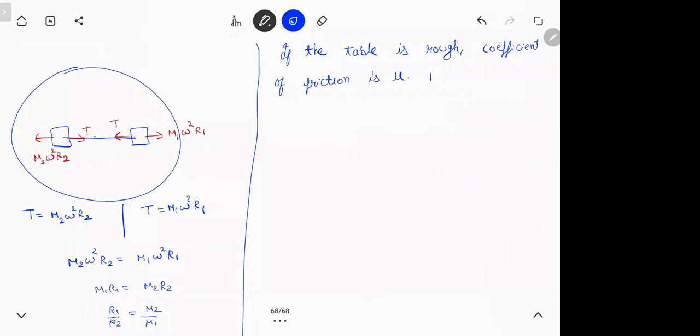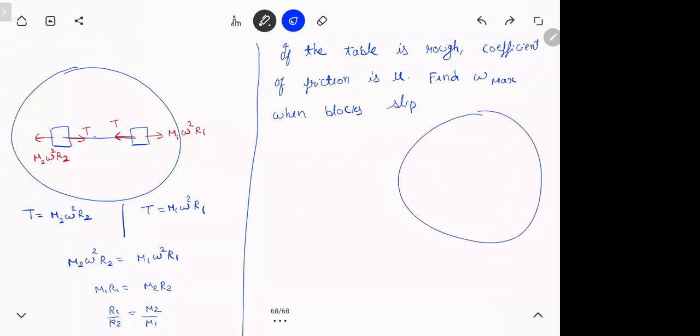They'll ask you like this: find omega when the blocks will slip. Then what will change in the diagram? This will be the forces.